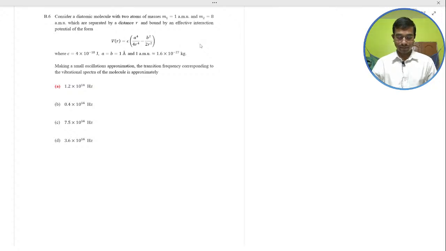Very fine question. Here, dV/dr is 0. That is at r equal to 1 Angstrom, which is given.